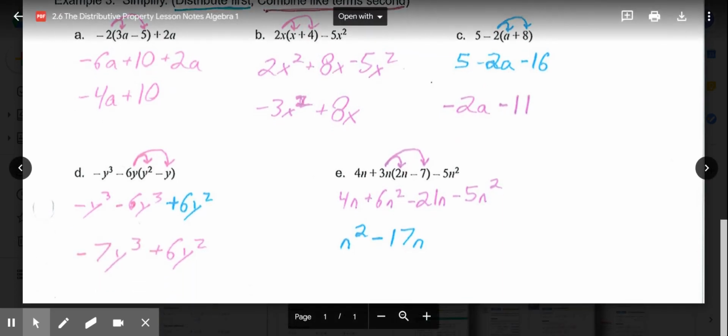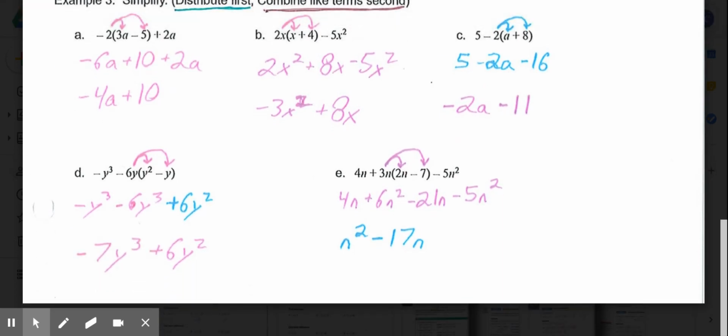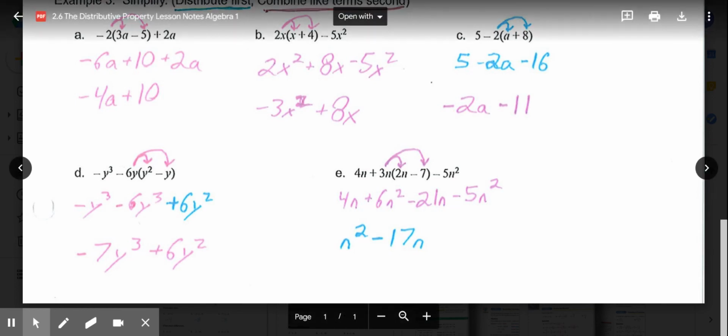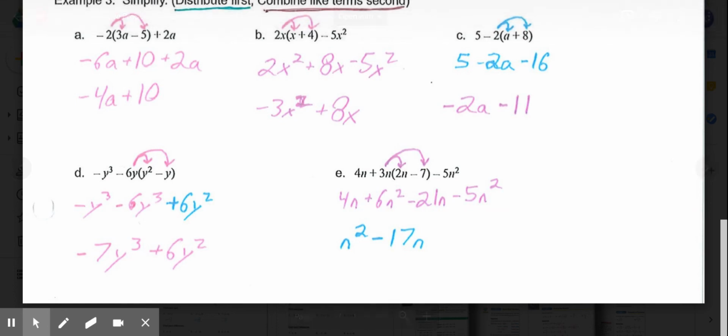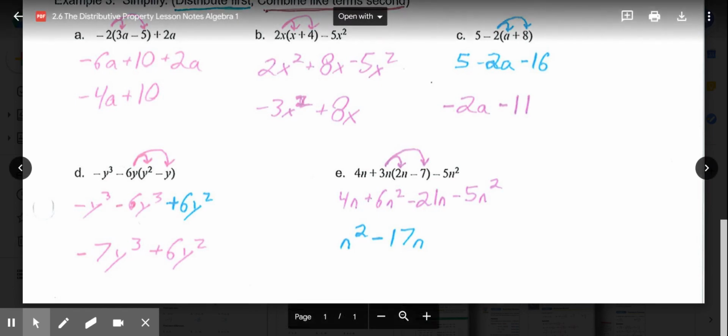And then our last two examples. In D, we have a negative y to the third, or a negative y cubed, minus 6y times the quantity y squared minus y. So we're distributing the negative 6y. A negative 6y times y squared is a negative 6y to the third.